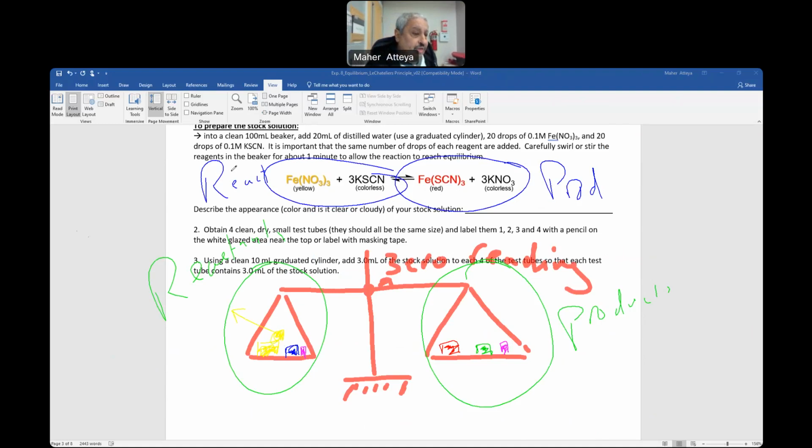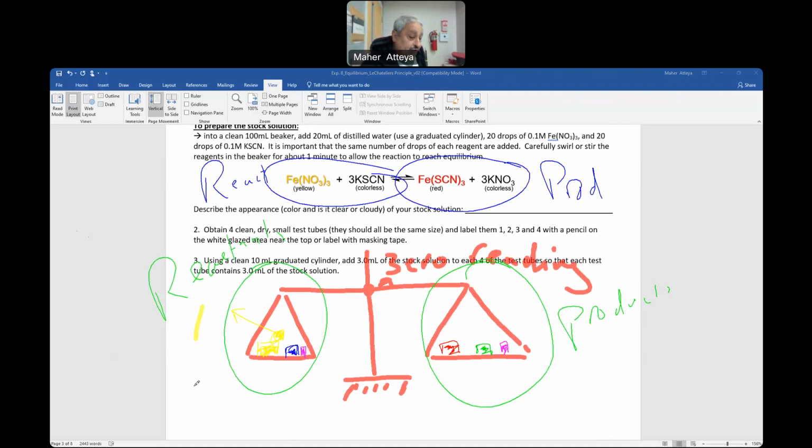What will happen to this arm? Somebody will tell me, will it be lighter or heavier? You added the same material. It's not added like the H2O. H2O is added itself in both sides, correct? Because it does not react, it's a solvent. But now you added the extra yellow on this arm.